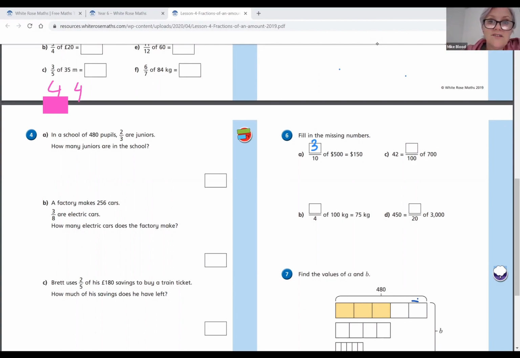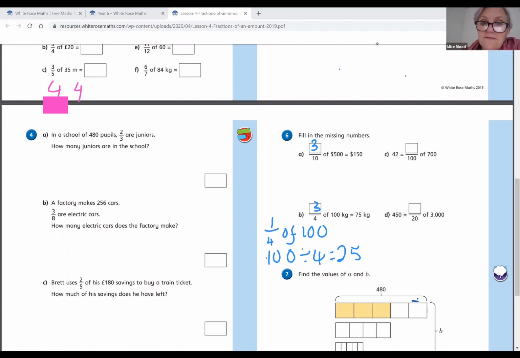If you didn't just know that, then what you would have had to do is say 1/4 of 100, you do 100 divided by 4, which gives you 25, and then keep on adding 25 until you get to 75. So 25 kilograms is 1/4, 50 kilograms is 2/4 or a half, and 3/4 is 75 kilograms.